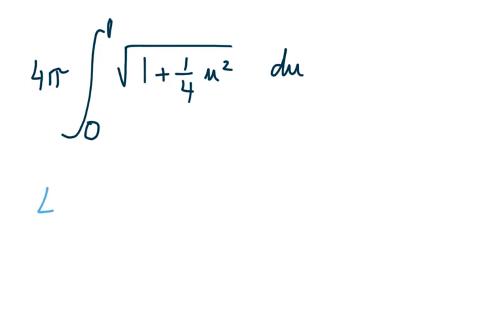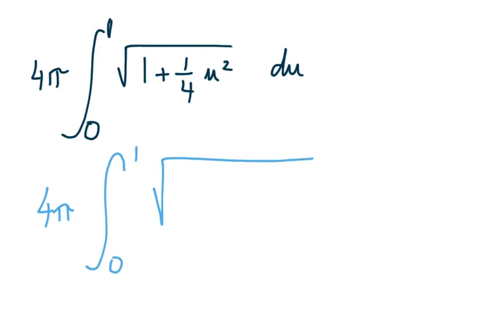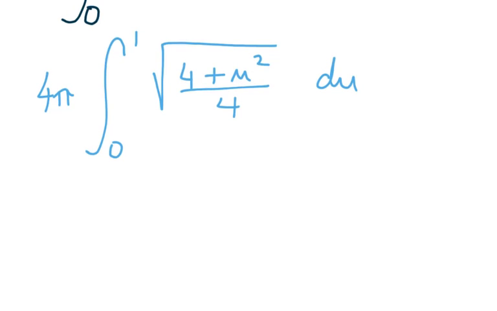So the 4 pi is there. The integral from 0 to 1. This time, I'm going to put a common denominator here. So I'm going to say this is 4 over 4 plus u squared over 4 du. Okay? Which I can separate.